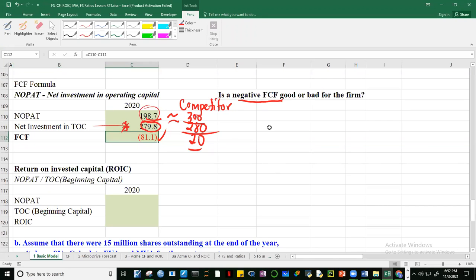As we said a while ago, it does not automatically mean that the company is performing badly. We have to look at the quality of the operating profit and the quality of the investment in TOC. If we're working for the company, working with finance, at our disposal are other information which we can use to assess the quality of the investment in TOC.